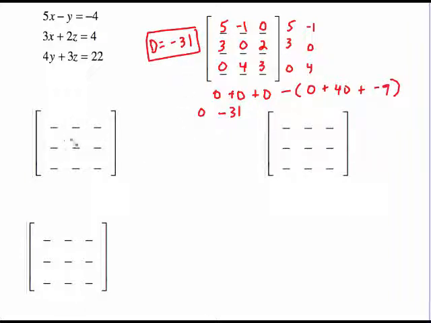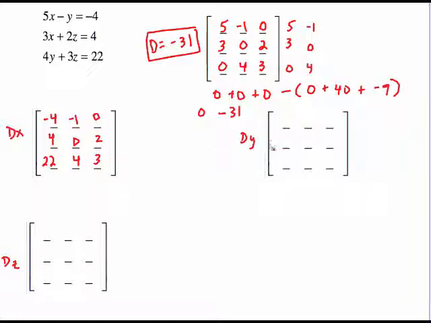Now all I'm going to do is fill in the matrix and tell you what the determinants are, and you can work that out on your own, doing whatever method you want. So my dx, I'm going to put these constants into the x column, and then go back and grab these original ones, negative 1, 0, 4, 0, 2, 3.